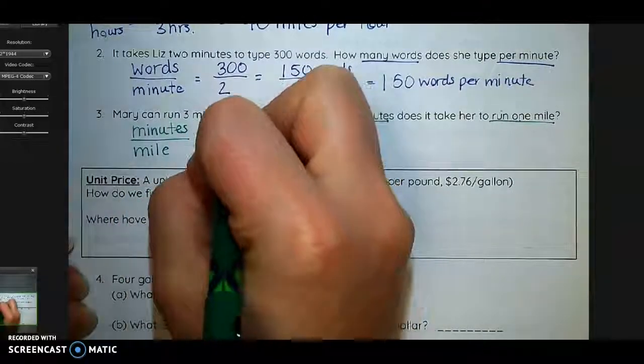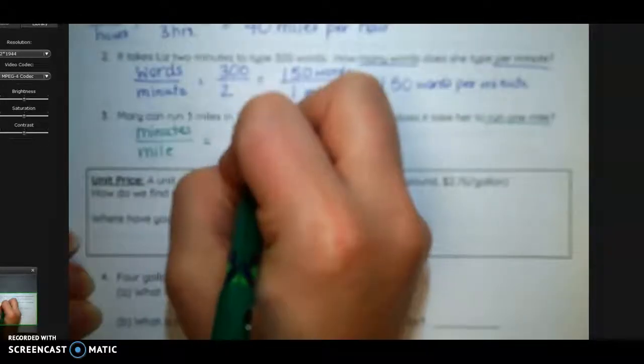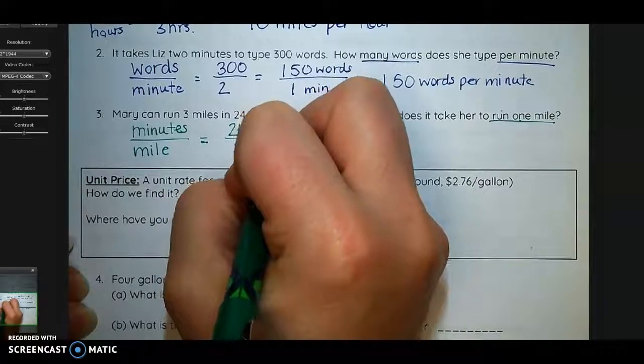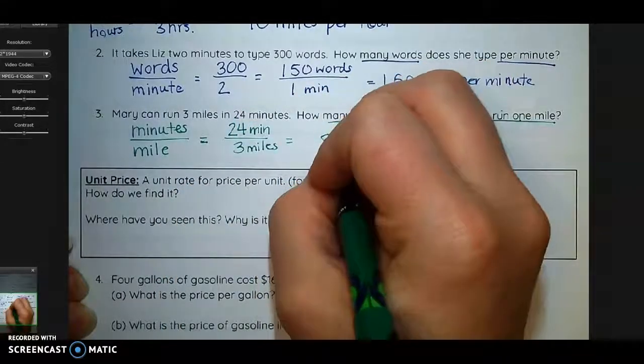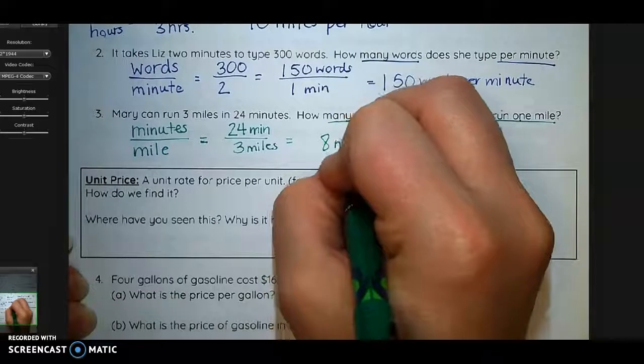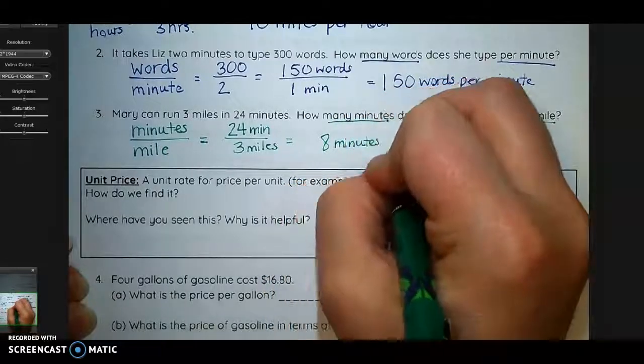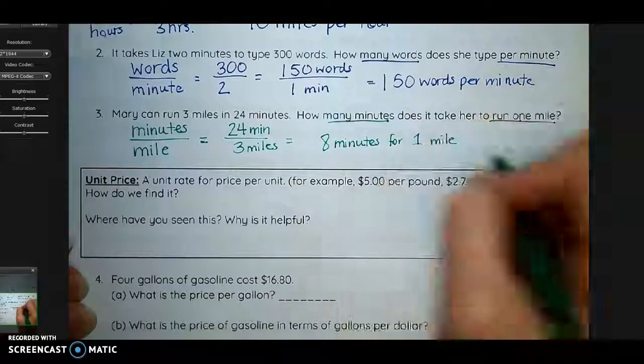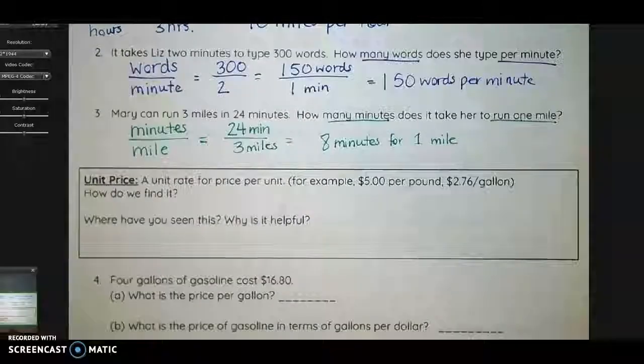So right now she's doing 24 minutes of running, and she can run 3 miles in that time. That means I'm going to get 8 minutes for 1 mile, and we would probably say per mile there. So she takes 8 minutes to run 1 mile.